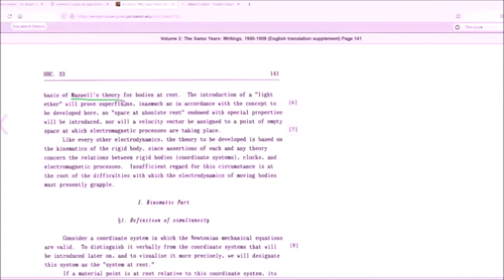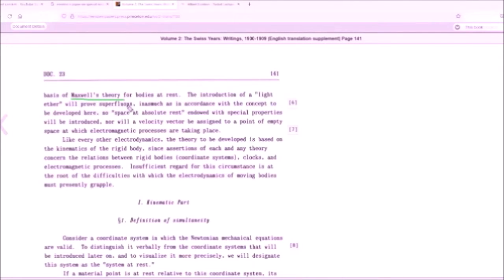Can you use Maxwell's theory to deal with the issue of the Michelson-Morley experiment by just assuming the light velocity is constant and independent of the source? The introduction of a light ether will prove superfluous. You already assume the constancy of the speed of light. That's exactly as assuming there is an ether. Why would the light have to have constant speed if it doesn't have a constant medium?